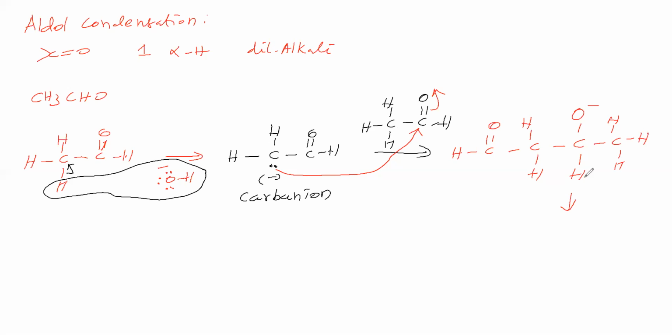Then this O minus takes H plus from water, and water becomes OH minus. Therefore, we have CHO, CH2, CH with OH, and CH3 on this side.